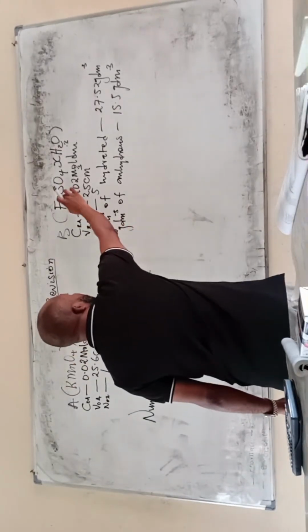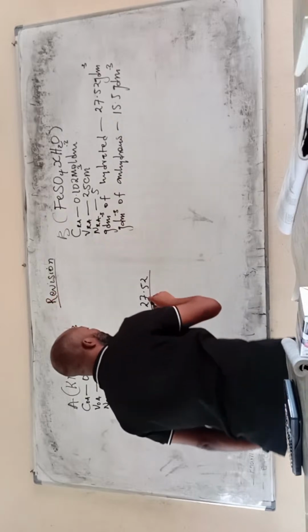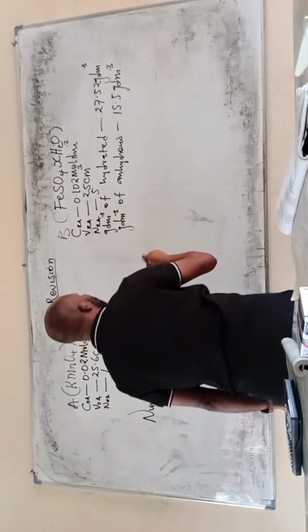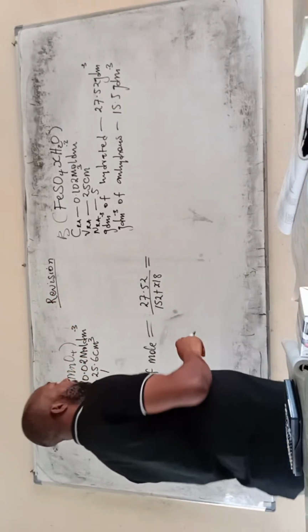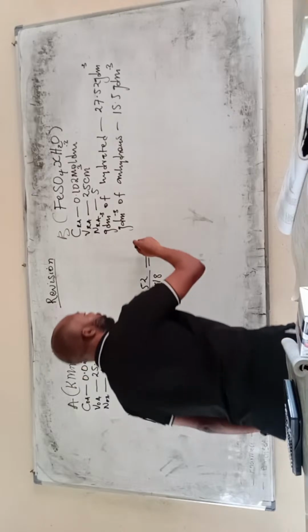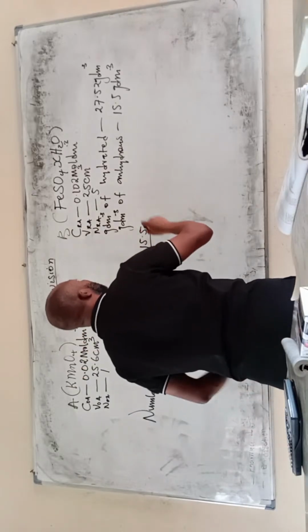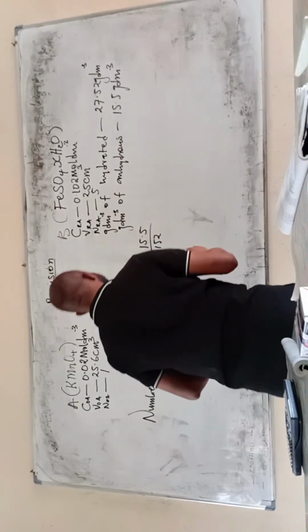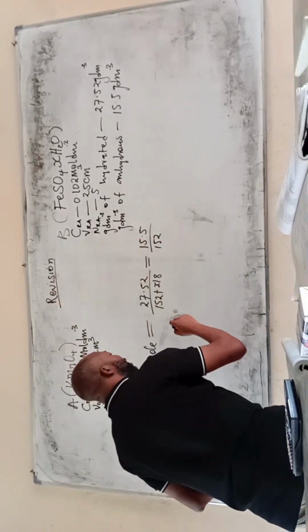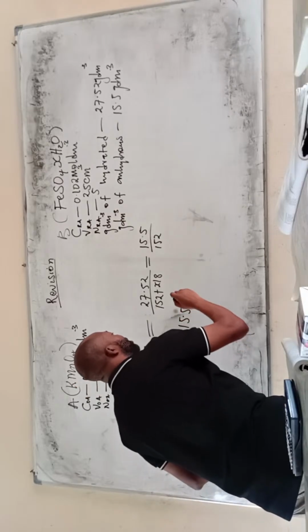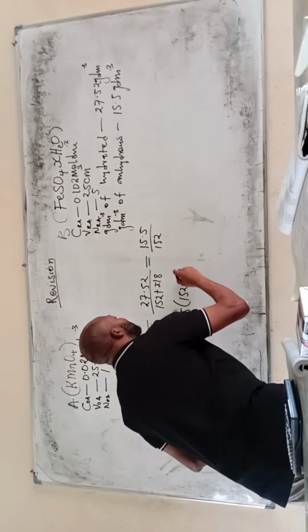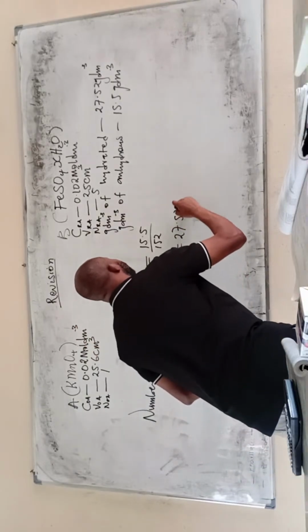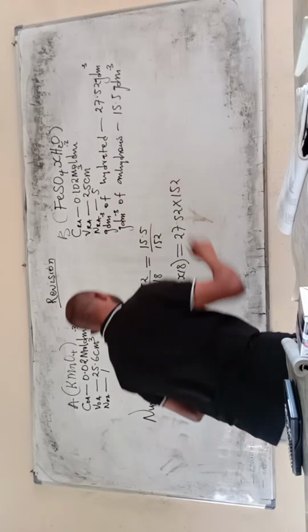I just calculated this to be 152, so 152 plus x times 18, equals mass concentration of the anhydrous, which is 15.5, over relative molecular mass of the anhydrous, which is 152. If I'm to make x the subject, I cross multiply: 15.5 open bracket 152 plus x18 close bracket equals 27.52 times 152.